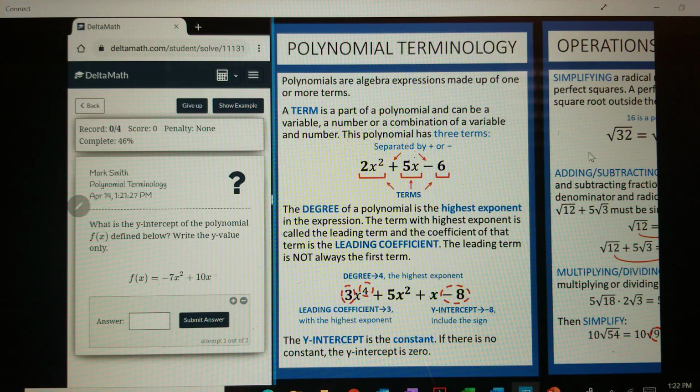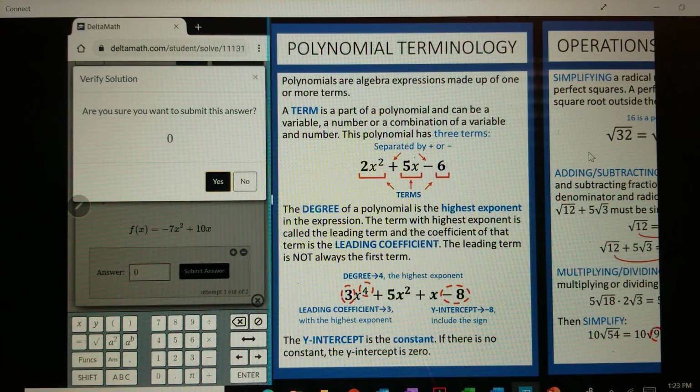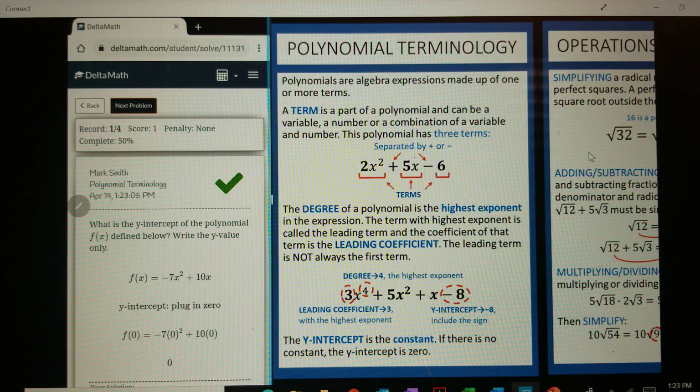It doesn't say plus 3 or, like our example, minus 8. So this one turns out to be a pretty easy one. It says write the y value only. I think that just means we put a 0. Let's try that as our answer. Yes, our answer is 0. And that's the right answer.